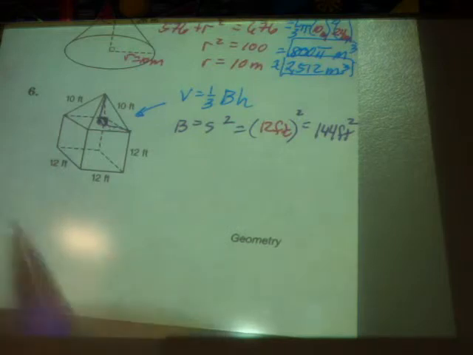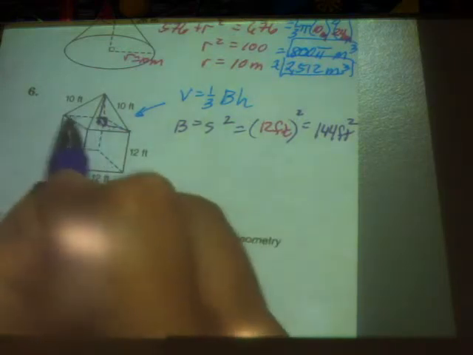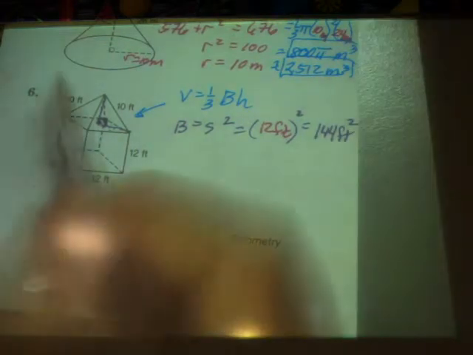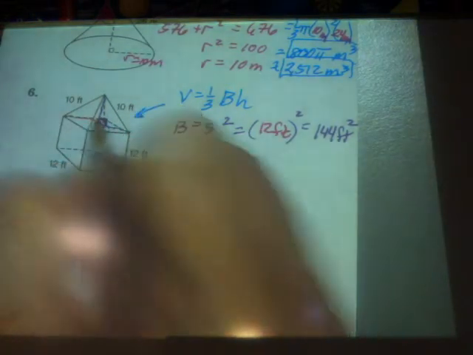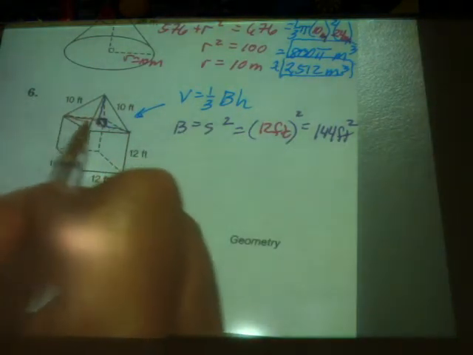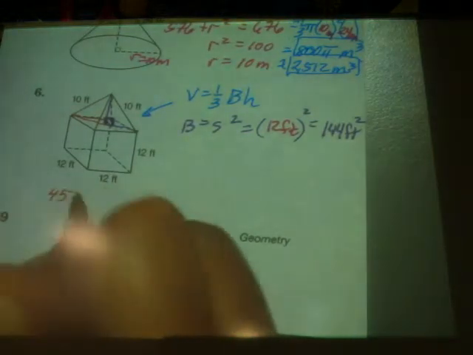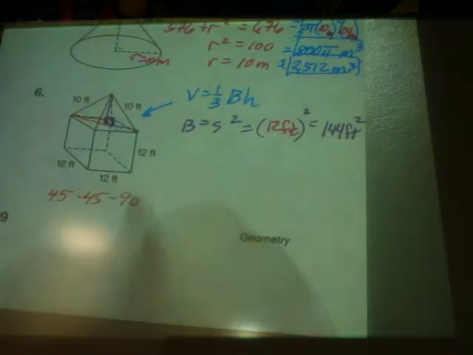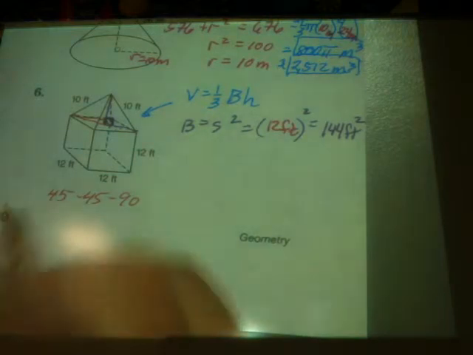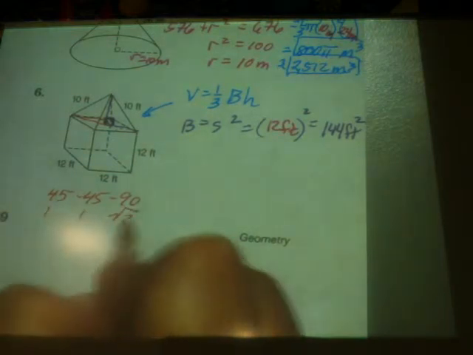So let's use our special right triangle, because I'm going to go all the way across here. I'm going to use that whole diagonal from here to here. This whole diagonal. So I have a 45, 45, 90, right? My pattern is 1, 1, radical 2.